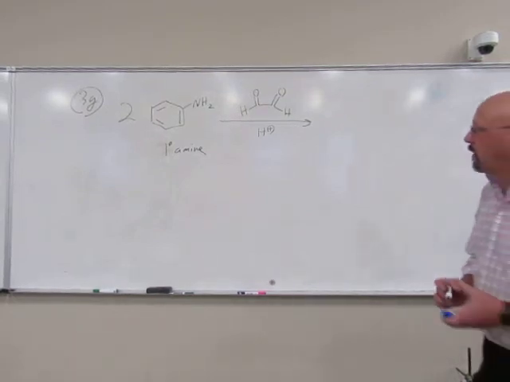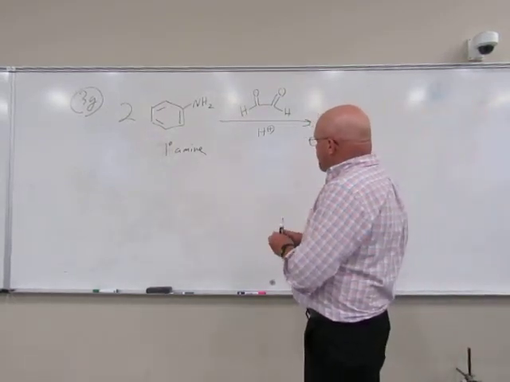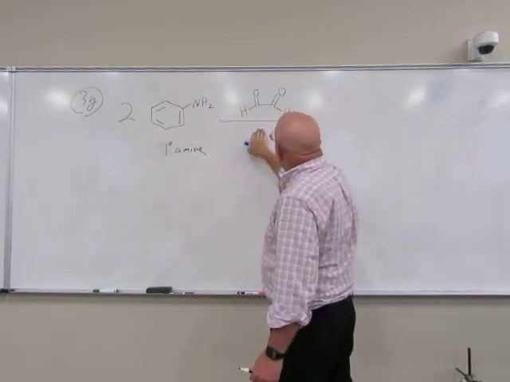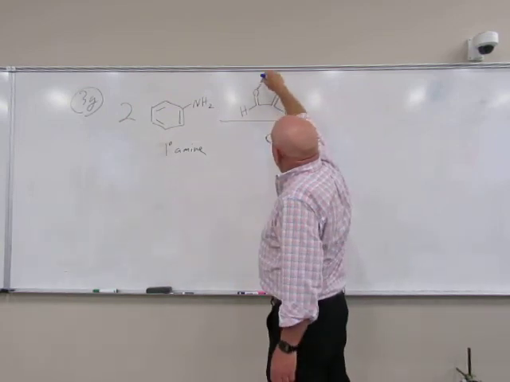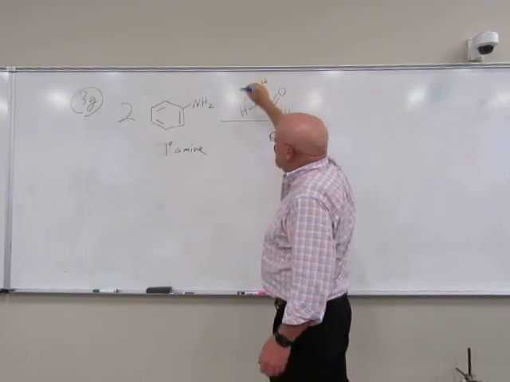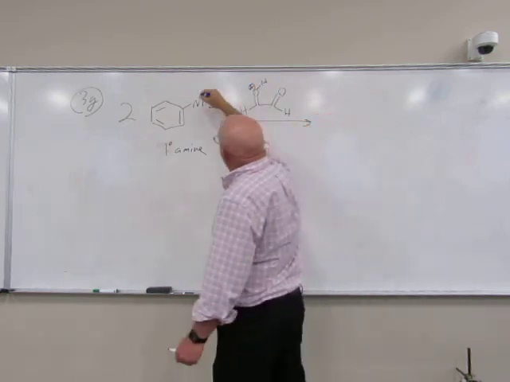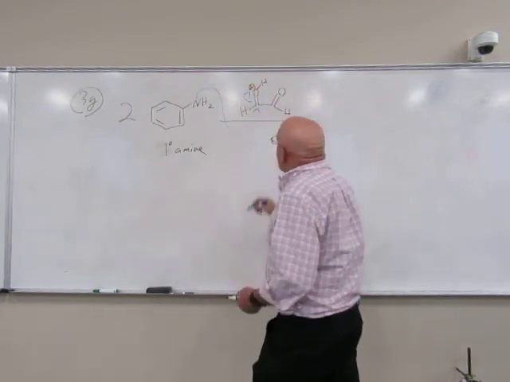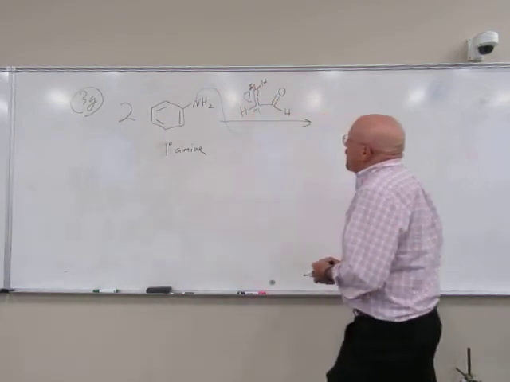Let's just go through this. The acid catalyst, I'm just going to redraw it up here. It's going to protonate one of those carbonyls. That's making it more susceptible to nucleophilic attack. The amine is going to attack, and kick the electrons up.